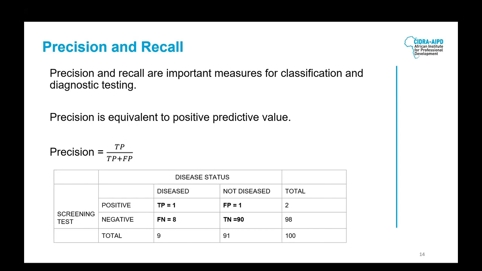So suppose we correctly identify 1 true positive, here in this example table, and incorrectly identify another one as a false positive, our precision would be 1 divided by 2, which would give 50%. So it is 50% correct that a patient identified as having a disease is actually positive.